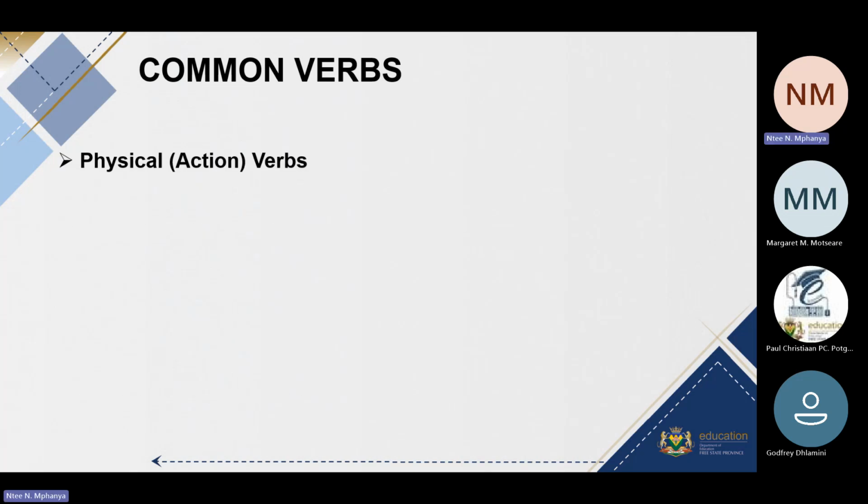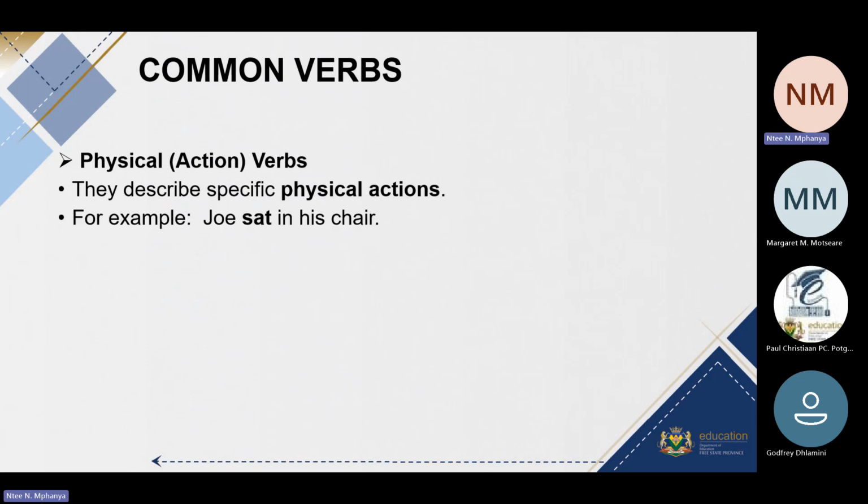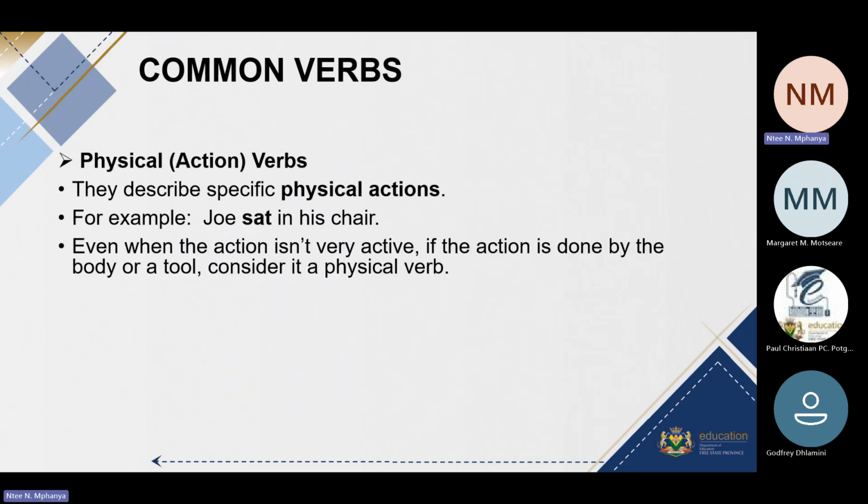There are several common verbs, but we'll look at the ones that you'll normally come across. We have physical or action verbs. They describe specific physical actions. For example, Joe sat in his chair. Even when the action isn't very active, if the action is done by the body or a tool, consider it a physical verb.